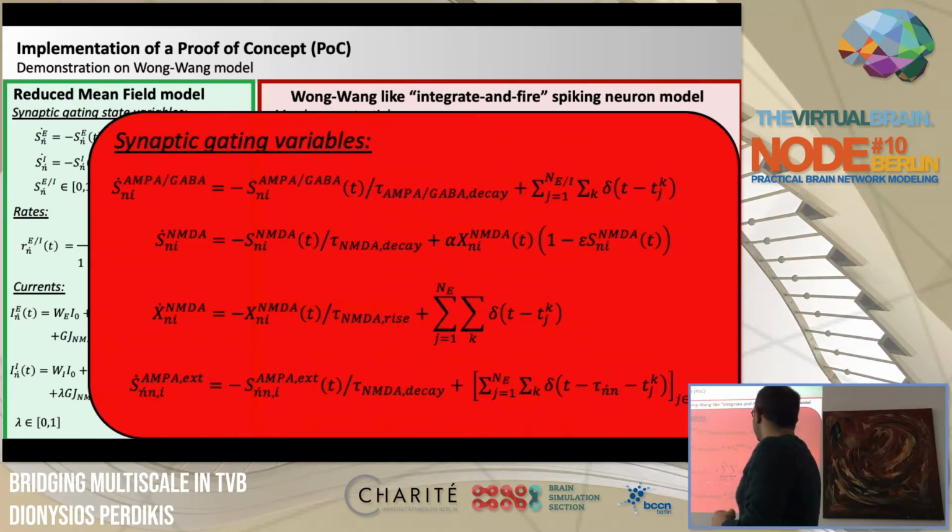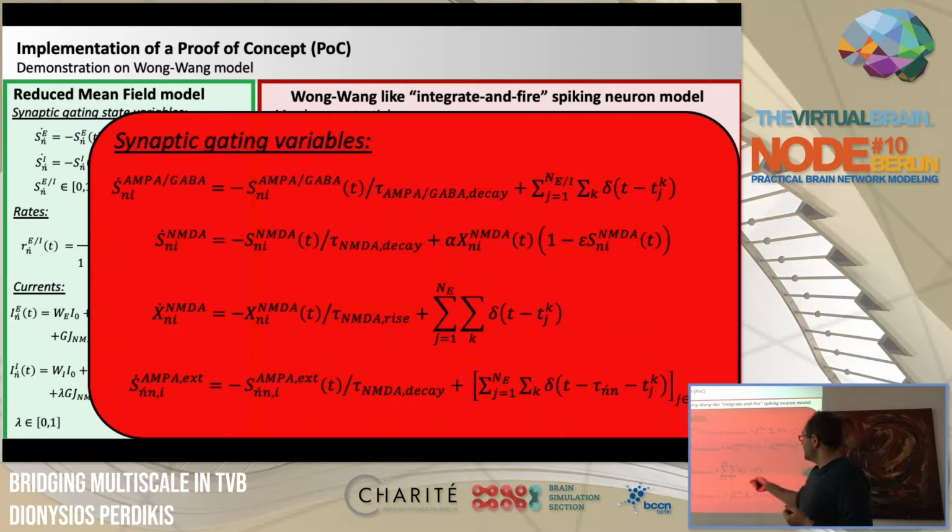Finally, the NMDA synapse is more complicated. It's nonlinear and two-dimensional. Spikes are received at this state variable, which is linear. And this one drives this differential equation of the synaptic gating for the NMDA, which is nonlinear. It has a multiplicative term here between X and S. And actually, it is this synapse, which is slower in time, that enslaves the fast synapses of the excitatory populations.